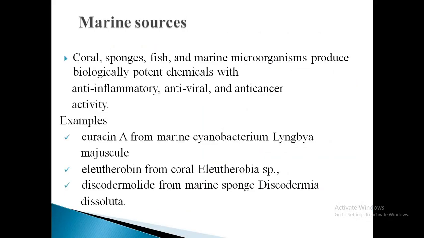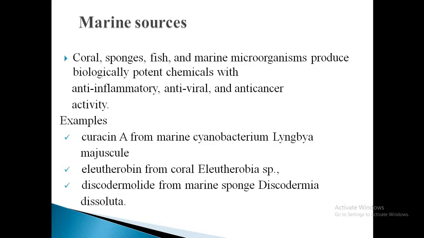Marine sources. We can also see the various marine sources available in nature to prepare various drugs. For example, we can get drugs from coral, sponges, fish and marine microorganisms, which can produce biologically potent chemicals with anti-inflammatory, antiviral and anti-cancer activity. So to treat infections, cancer or inflammatory conditions, we can make use of drugs prepared from various marine sources.